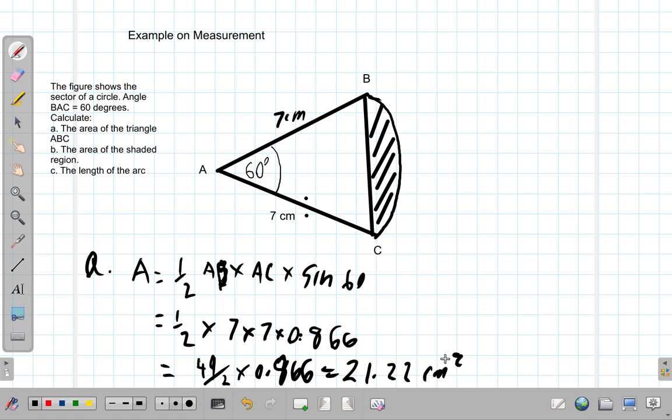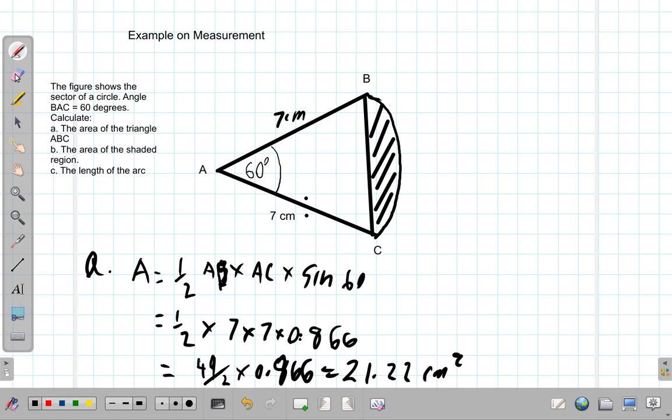That is for the triangle. Now we're going to calculate also the area of the shaded region.